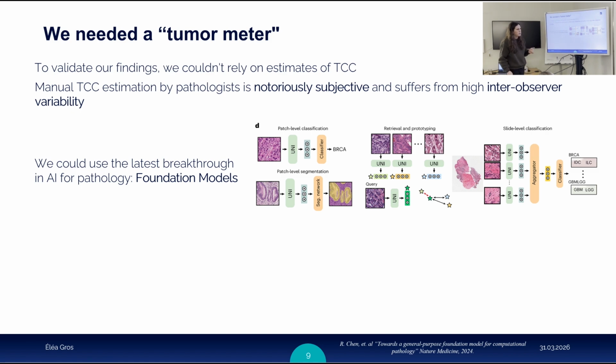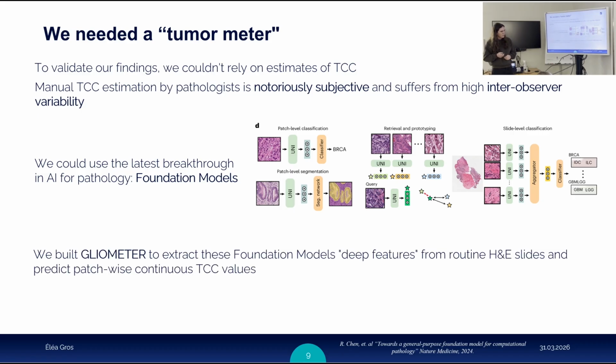For example, you can use it to classify tissue, you can use it as a segmentation network, you can determine what subtype of tumor you have in certain histological slides, and there is a big trend in pathology for foundation models. Basically, GLIOMETER extracts these deep features that are generated by the foundation models from routine H&E slides and predicts patch-wise tumor cell content values.